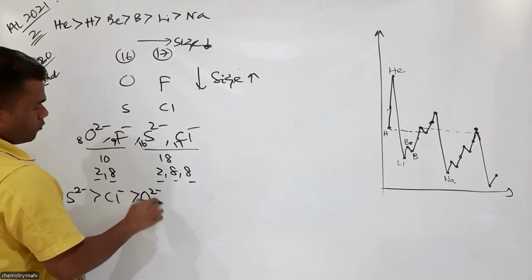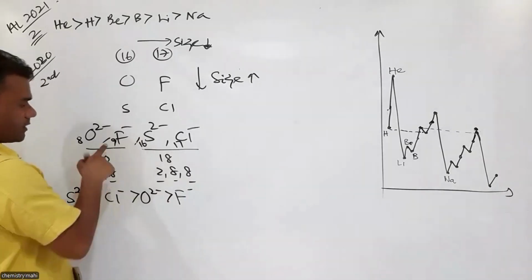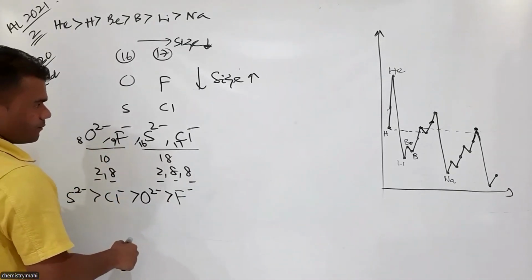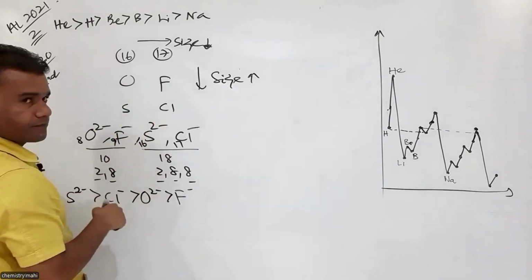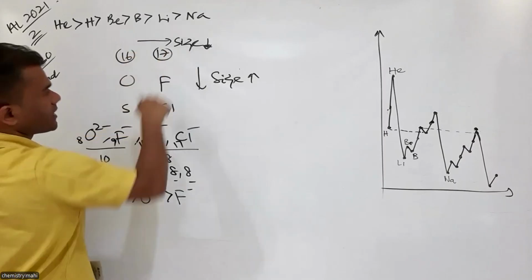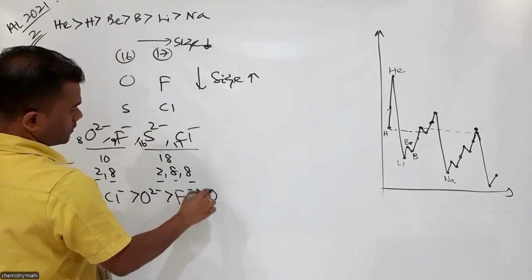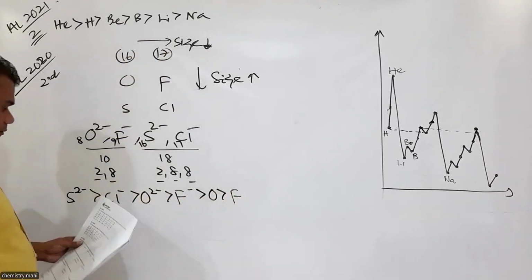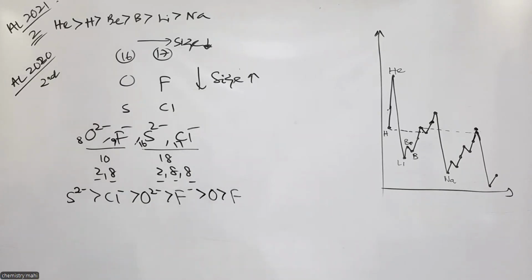That means O2 minus should be larger than F minus. Thereafter, O and F atoms, then size decreases. Next oxygen, then fluorine. This one is found in the first answer, I think. Yes. So for A-level 2020, the answer should be the first one.